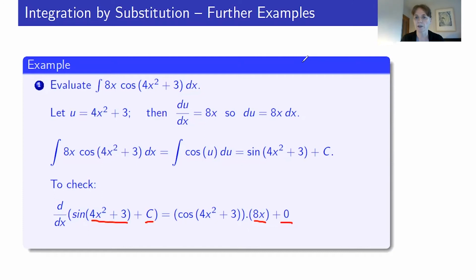Tidying up, we see that this is equal to our original integrand, what we were trying to integrate previously. So by reversing the process and differentiating, we've checked our answer and seen it to be correct.